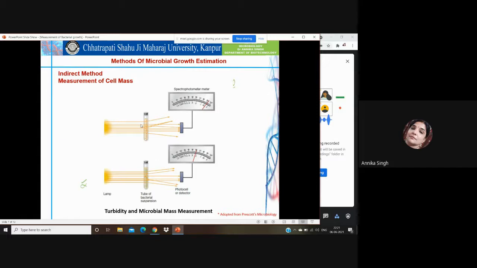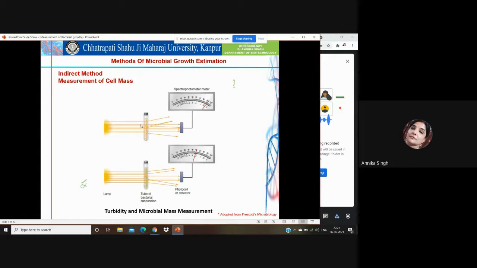Because microbial cells in a population are of roughly constant size, the amount of scattering is directly proportional to the biomass of cells present and indirectly related to the cell number.